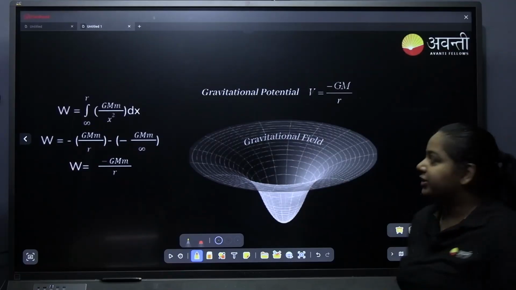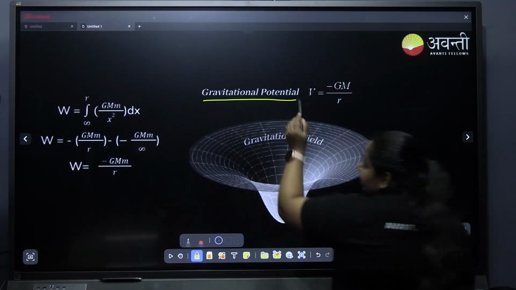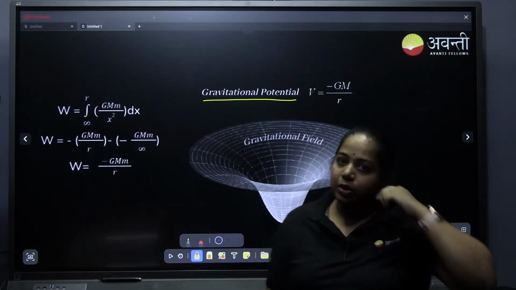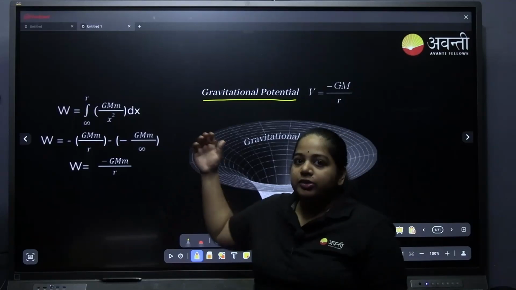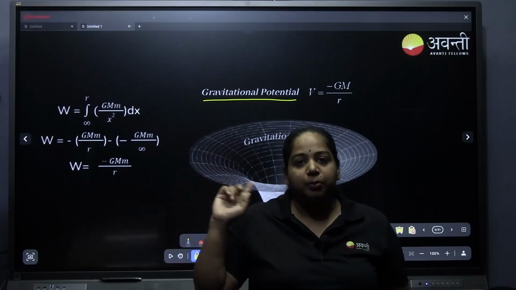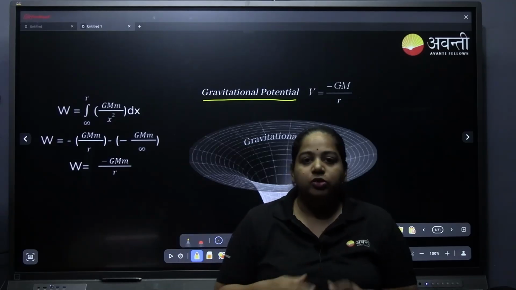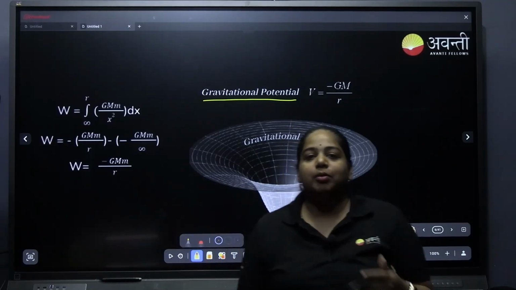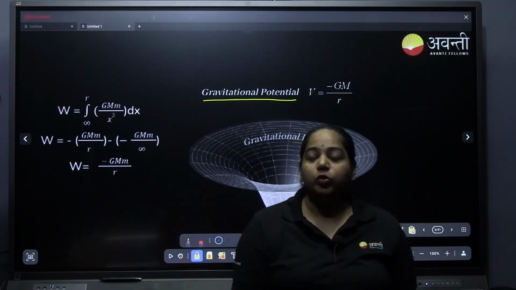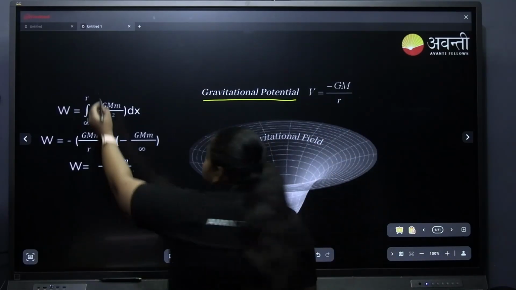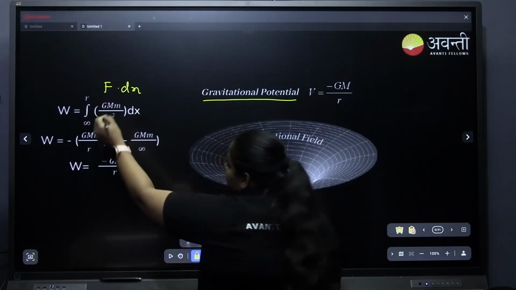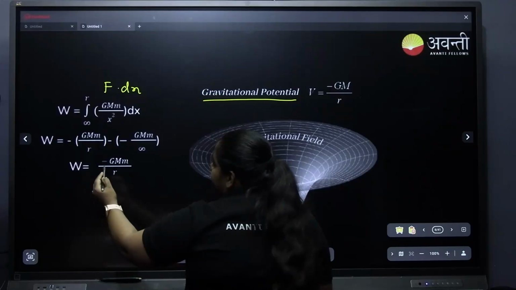Coming to gravitational potential. Again we can connect with electrostatic potential. Electrostatic potential is the work done to bring a unit charge from infinity to a point. If you convert that to gravitation, it will be the work done to bring a unit mass from infinity to a point. Work done is force dot dx; substitute the force, then find the final answer.